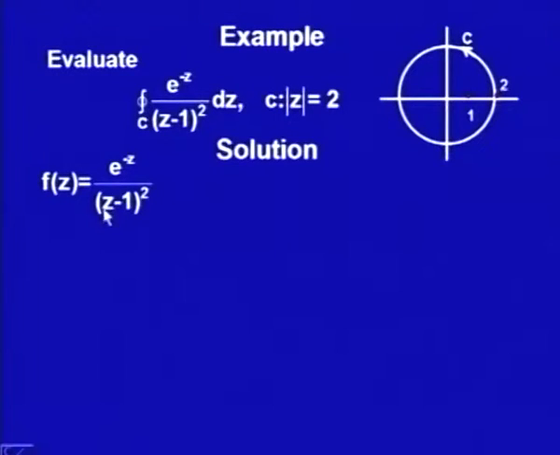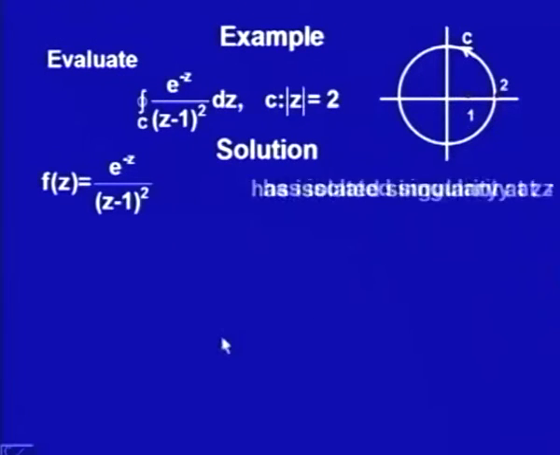The denominator is (z minus 1) whole square, which would have a zero at 1 and the order of the zero would be 2. So, this has a pole of order 2 at 1, an isolated singularity at 1. 1 is inside this region of integration, or this contour.